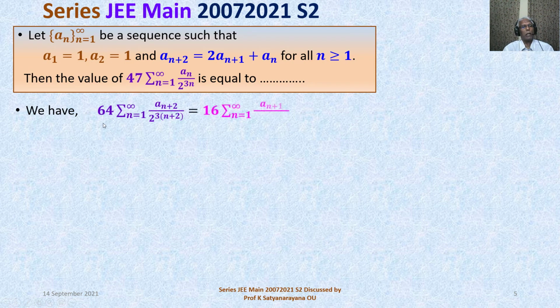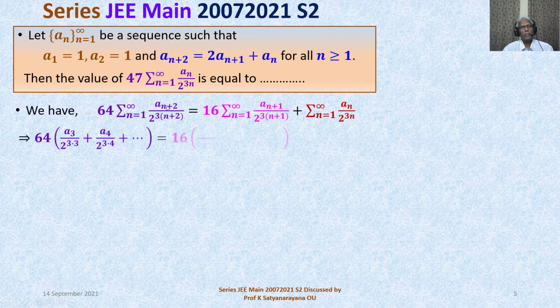So this is 64 times sigma n equal to 1 to infinity a_(n+2) by 2 power 3 into n plus 2. Now we will observe that this series, n equal to 1, will start from a3, n equal to 2, next is a4, and so on. It is equal to 16 times the series with a_(n+1), which means it will start from a2, n equal to 2, a3, and so on.